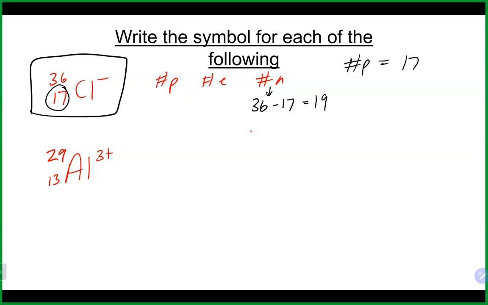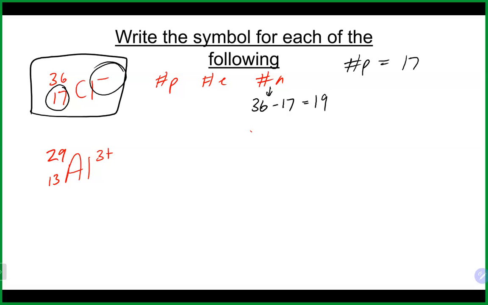Now we're to electrons. First off, I see a -1 charge. Did it lose or gain electrons? It gained, right? That's what the negative means. And it gained 1 electron. That's what the -1 charge means. Usually if it's a 1, we don't write the number next to it. If we think about it logically, chlorine with no charge would have 17 protons and 17 electrons, based on the atomic number.